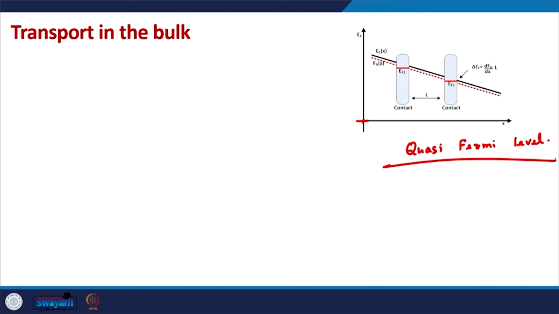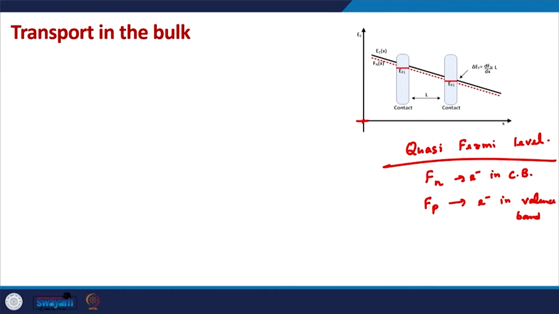So in the bulk transport case, we use the idea of quasi Fermi level, where we define two Fermi levels for electrons. One is for the electrons in the conduction band, and the second is for the electrons in the valence band.